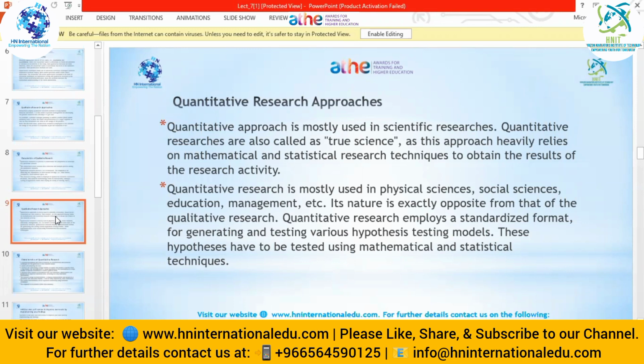Will it be easy for us to text or not, or what other option do we have instead of looking at the phone? You get my point? So quantitative research is based on this. These hypotheses have to be tested using mathematical and statistical techniques. Our format or our base will be the same, but our techniques will change for our quantitative research.